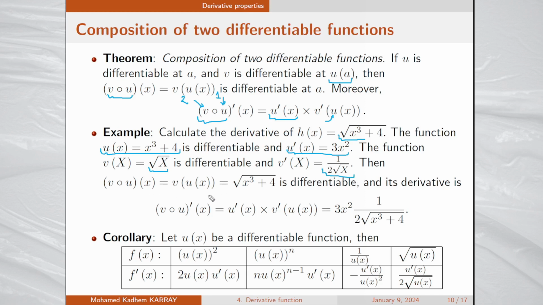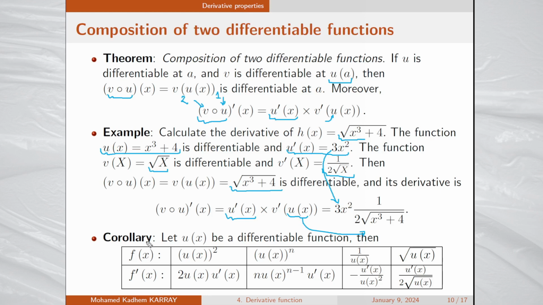Then the composition, which is our function h, is also differentiable, and its derivative is given by, firstly, the derivative of u, which is 3 multiplied by x squared. Then we consider the derivative of v, which is 1 divided by 2 multiplied by the square root of the function in the interior, which is given here. Okay, so this is an application of our theorem.